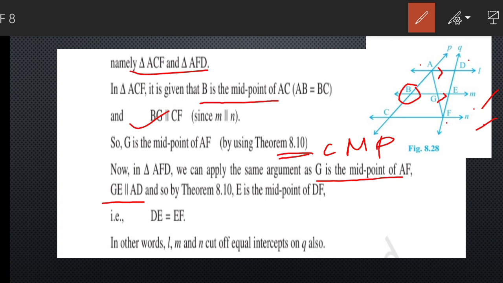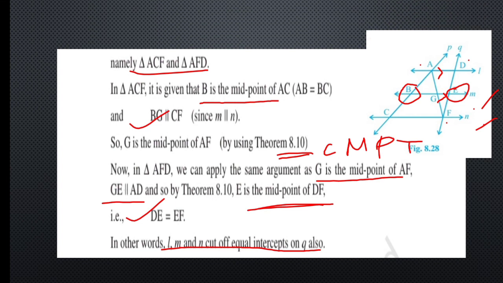Using the same converse of MPT, we can say that E is the midpoint of DF. Whenever E becomes the midpoint of DF, DE is equal to EF. So in other words, L, M and N cut off equal intercepts on Q. So what was required to prove is achieved using the converse midpoint theorem.